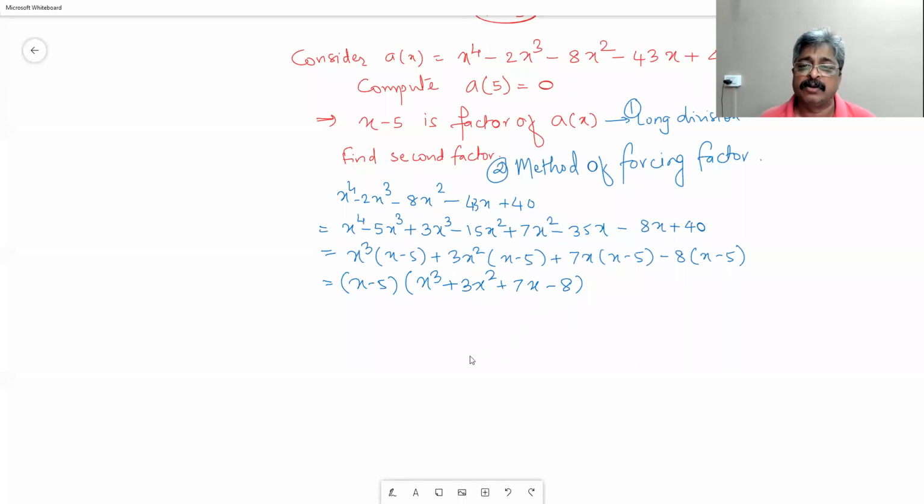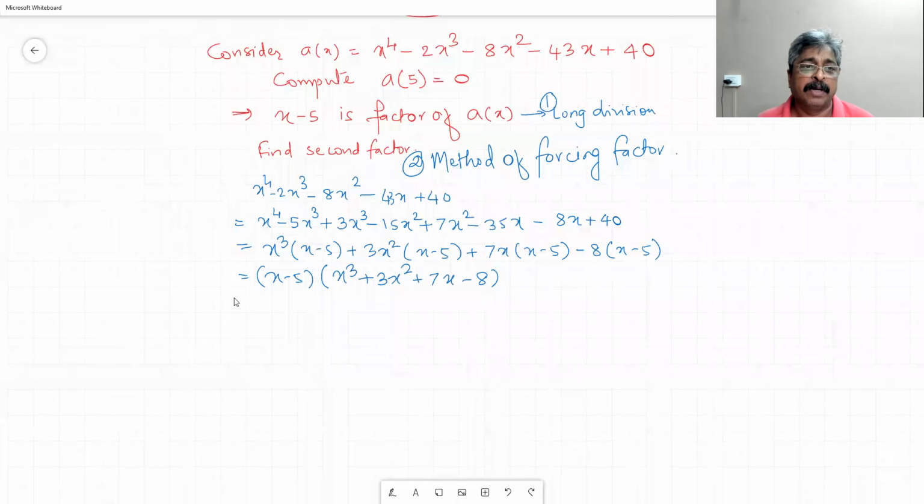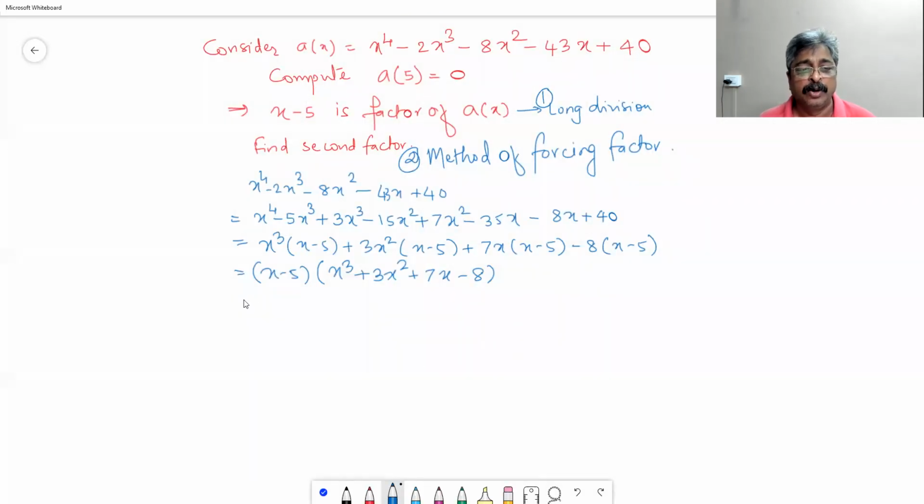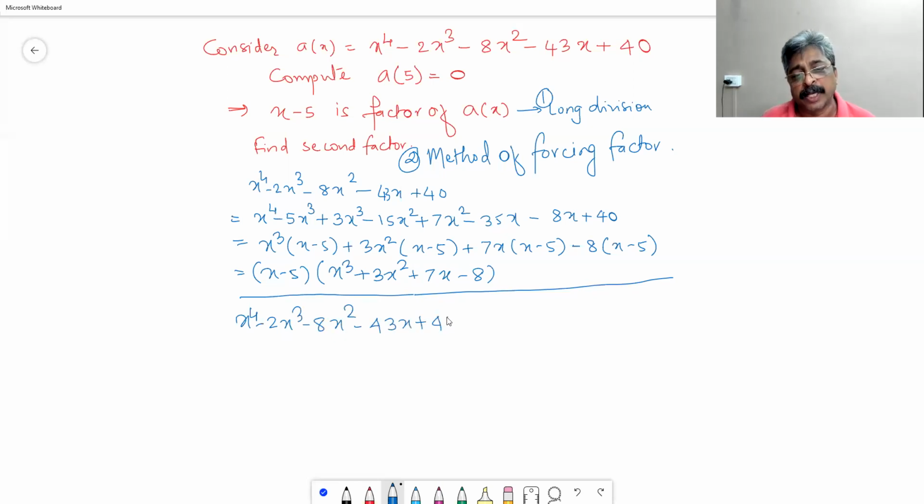So my version of the method of forcing a factor is more or less the same, but we do more of it mentally than by hand. Therefore, x fourth minus 2x cube minus 8x square minus 43x plus 40. Whatever we have done here by hand, we write directly.